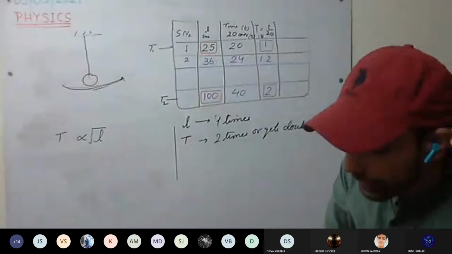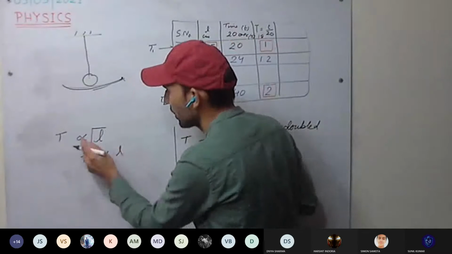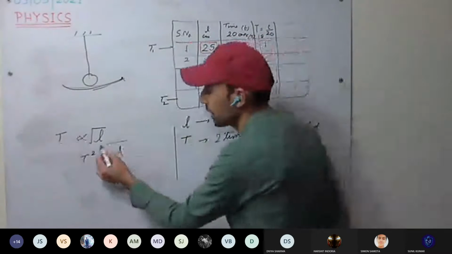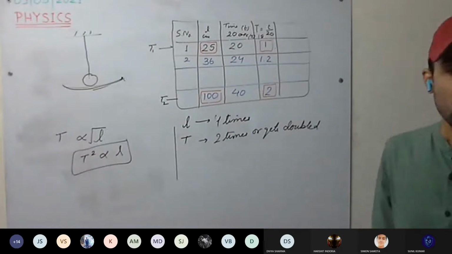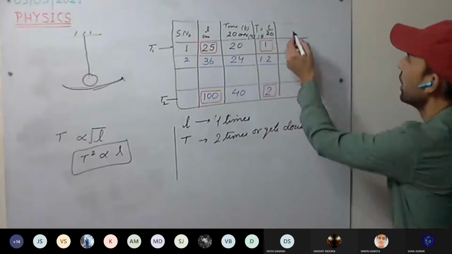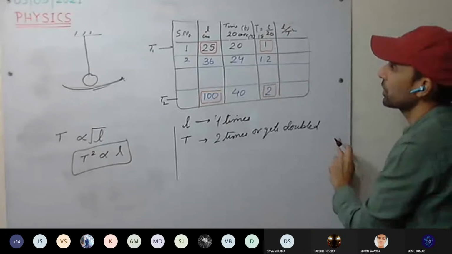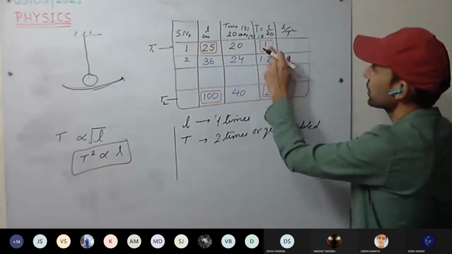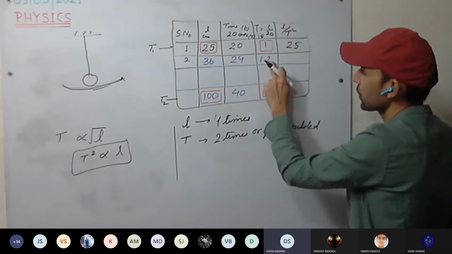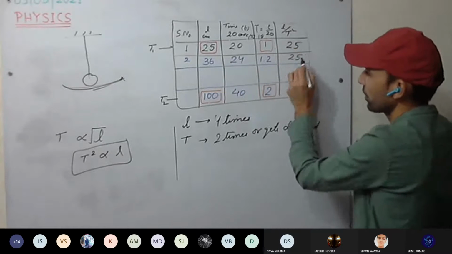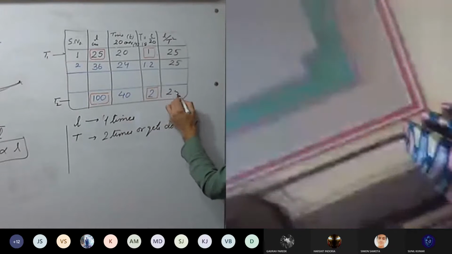Or it can be written as T square proportional to L if we square both sides. Now if we take the ratio L upon T square: 25 divided by 1 square is 25. 36 divided by 1.2 square, again you get 25. 100 divided by 2 square, which is 4, again you get 25.